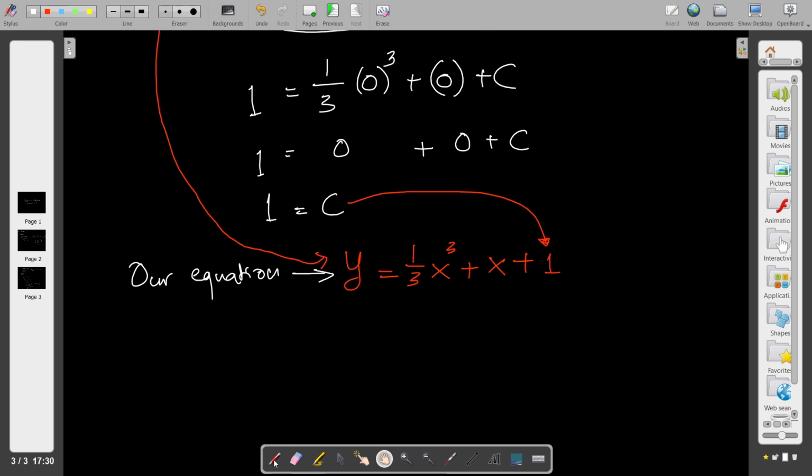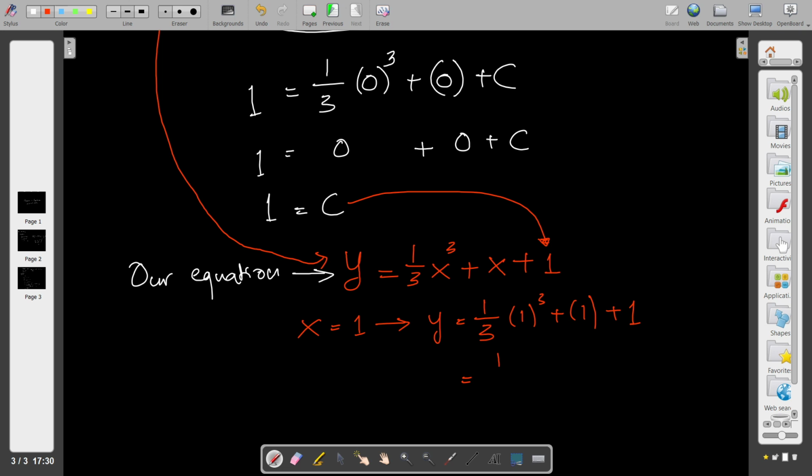So we have x equals 1, then y equals 1/3 to the power of 3 plus 1 plus 1.